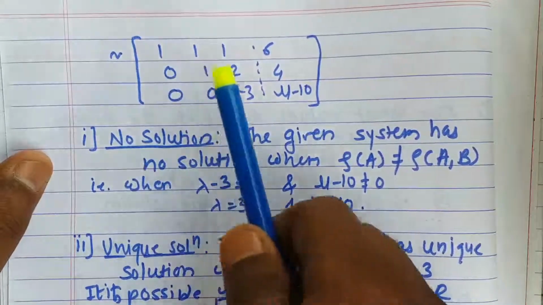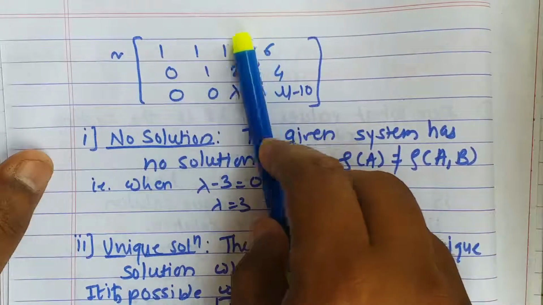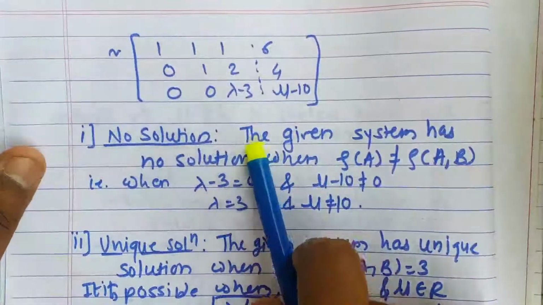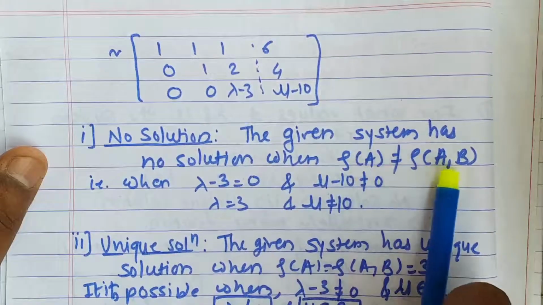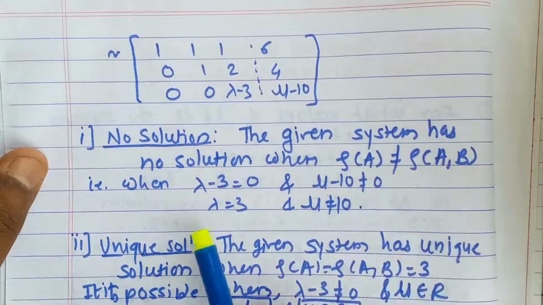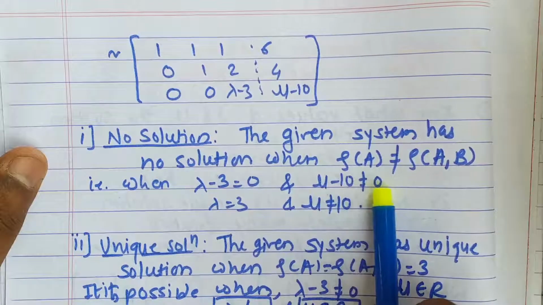First, no solution. The system has no solution when the rank of A is not equal to the rank of AB, that is, it is inconsistent when rank of A does not match rank of A comma B, and that is when lambda minus 3 equals 0 and mu minus 10 is not equal to 0.